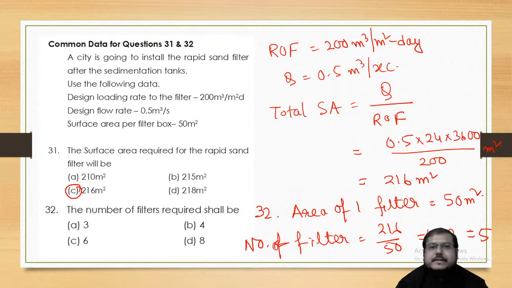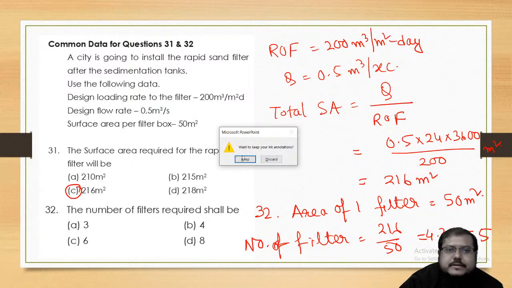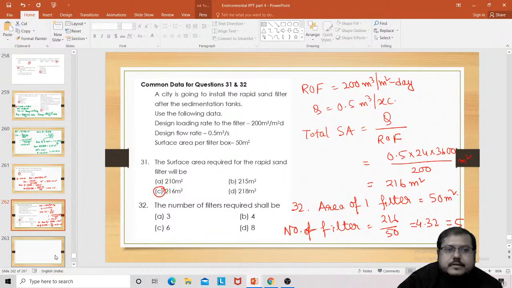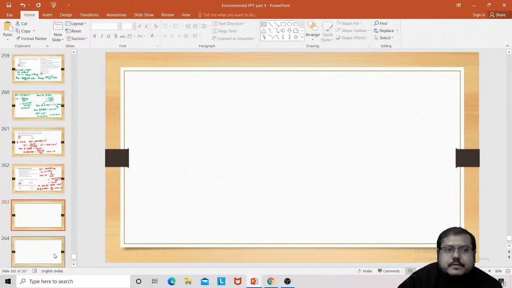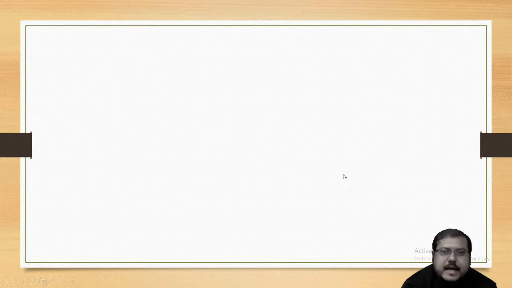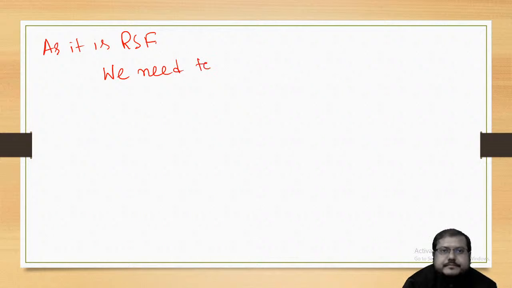Now the question is, as it is a rapid sand filter, we need to take one unit as standby.